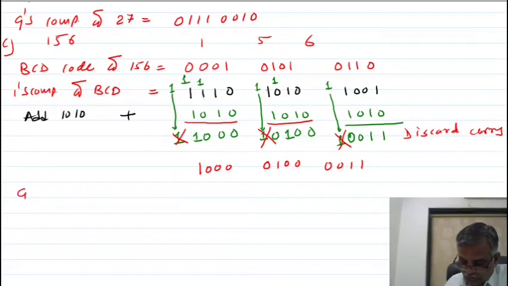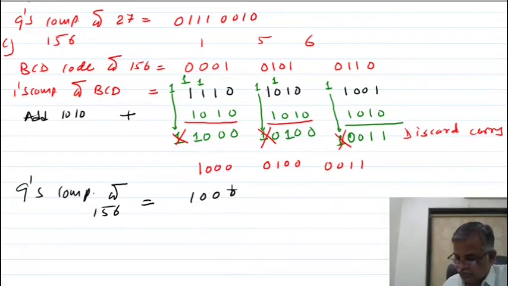So 9's complement of 156 is equal to 1000 0100 0011.